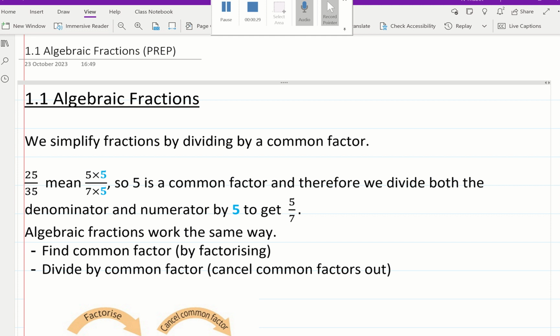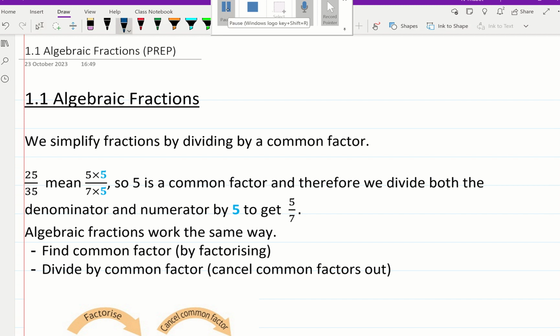So 5 is a common factor, and therefore we would divide both by 5, and in effect this would cancel those two 5s, and it would leave us with the final answer, which is 5/7.